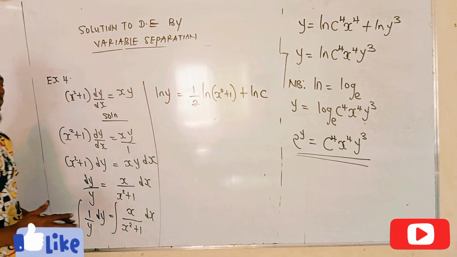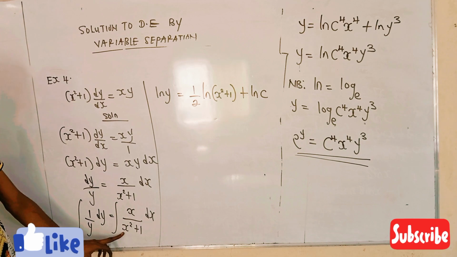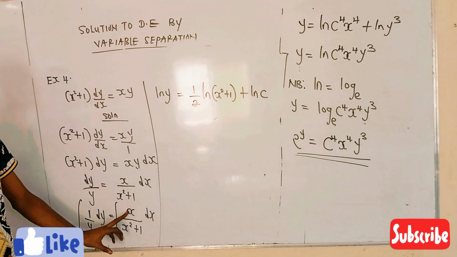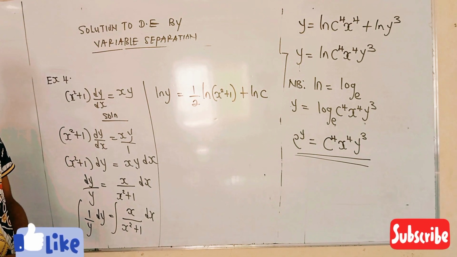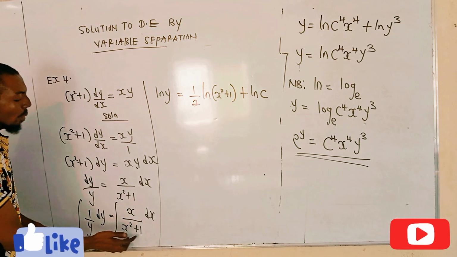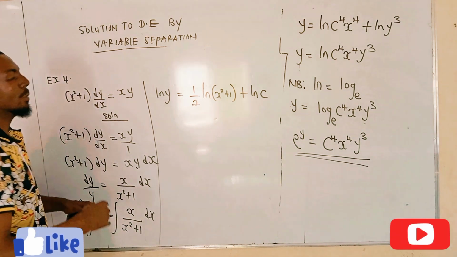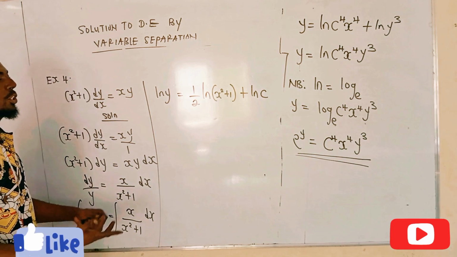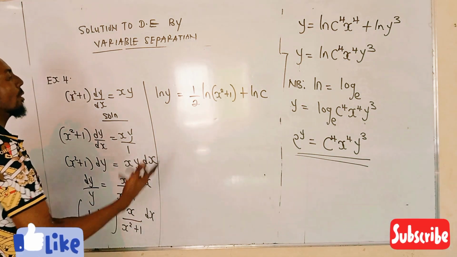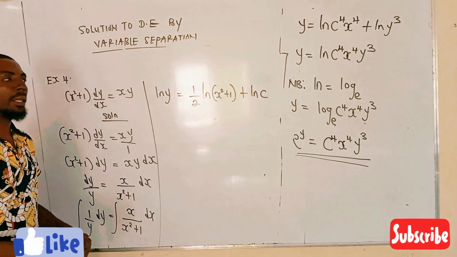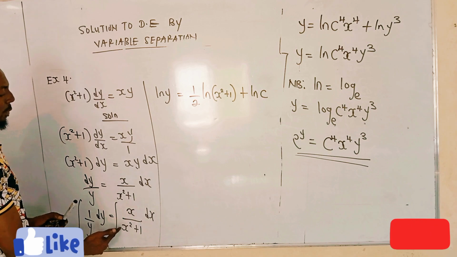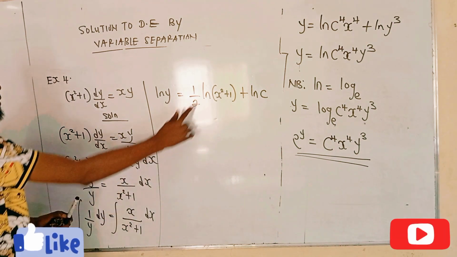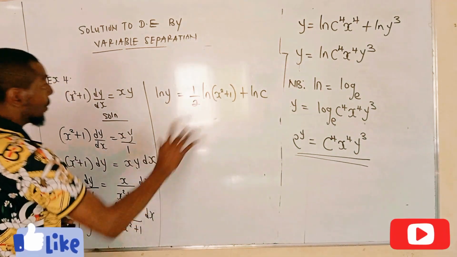The derivative of the denominator here is 2x, and what we have in the numerator is x. Because of that, instead of ln of the denominator plus c, the formula changes and becomes 1/2 ln of the denominator plus c.